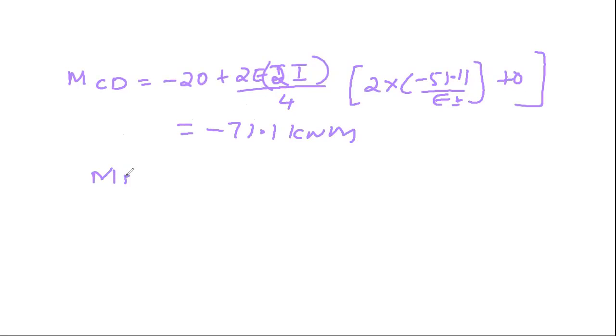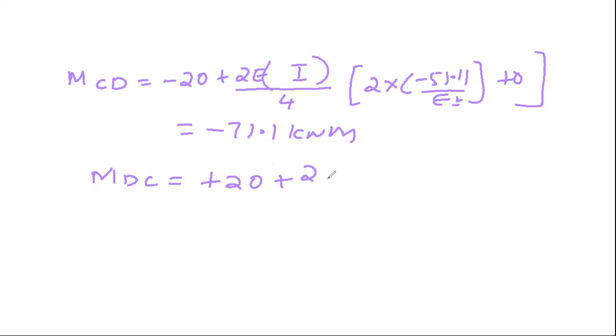Next, final is MDC. In the BC and CB span you substitute I as 2I. Not here, I'm sorry. In the BC span, you please go back and modify that I as 2I.